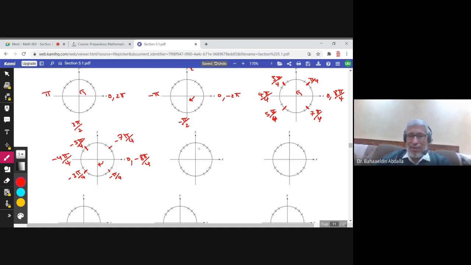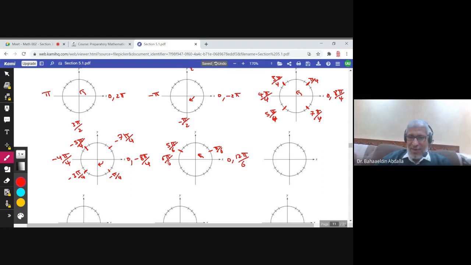Let us talk about pi over 6, 30. In the positive direction, this is pi over 6. This is 0. This is 6 pi over 6. And this is also 12 pi over 6, because 6 over 6 is 1, 12 over 6 is 2. So if this is 6 pi over 6, this would be what? 5 pi over 6.